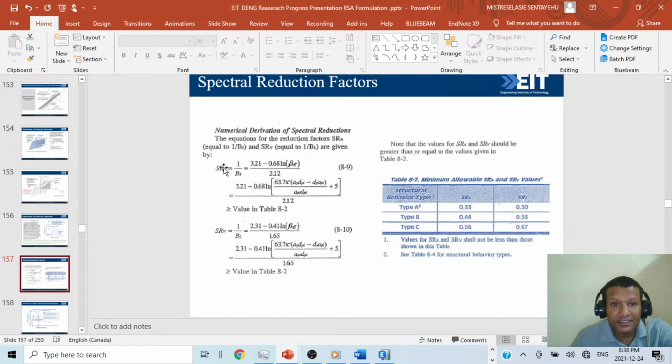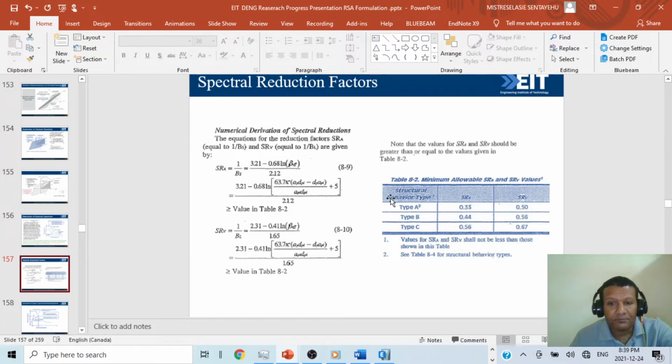Look, for the spectral reduction factor, SRV and SRA, we also have a formula, you see. But to use this formula, we have to know B effective. This is numerically how we can derive SRA and SRV. There are also some guidelines you can follow.